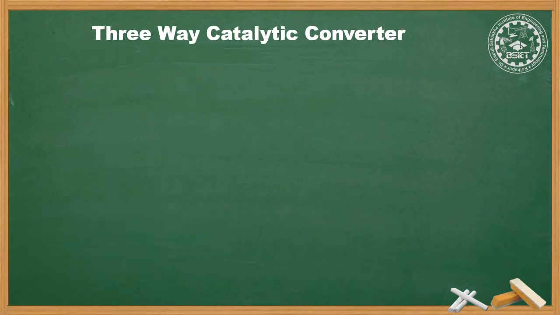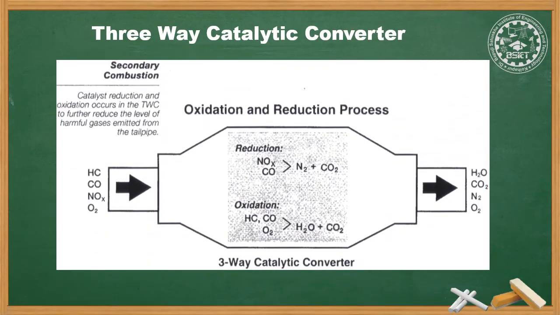Next is the three-way catalytic converter. As shown in figure, this is installed in the same way, in between the exhaust line and the silencer or muffler. The converter has a mesh or honeycomb metal construction inside. The catalyst is coated on the mesh or honeycomb.